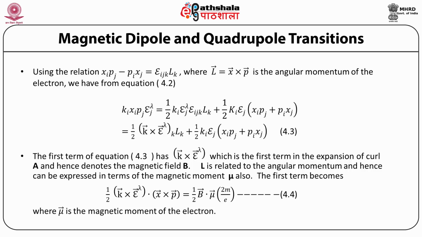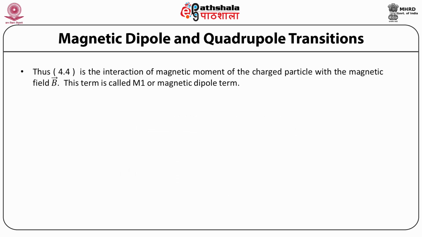The first term becomes half k vector cross epsilon lambda vector dot x vector cross p vector, which is equal to half B vector into mu vector into 2m by e, where mu vector is the magnetic moment of the electron. Thus 4.4 is the interaction of the magnetic moment of the charged particle with the magnetic field B. This term is therefore called the M1 or the magnetic dipole term.